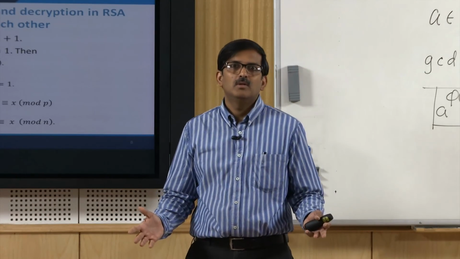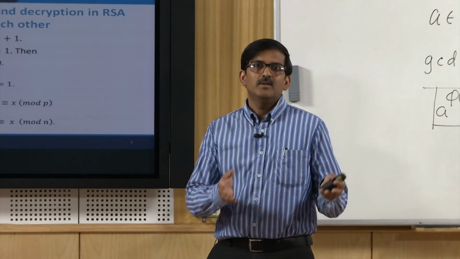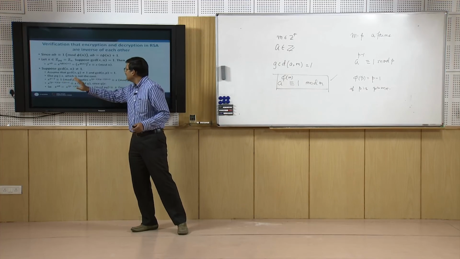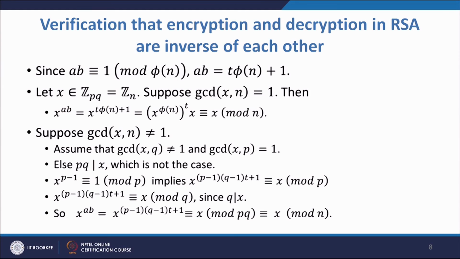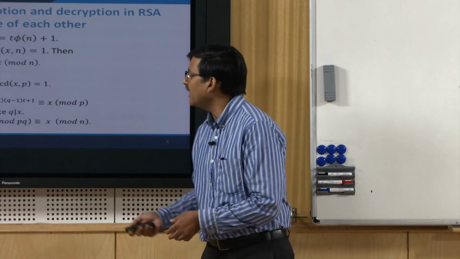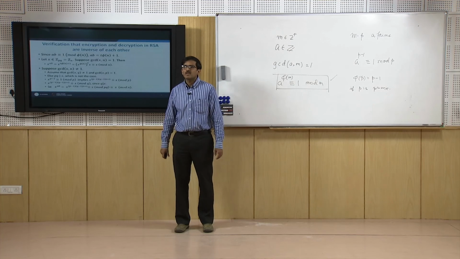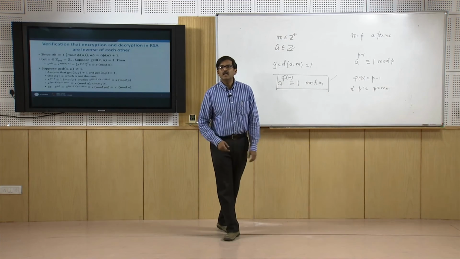And now we have a scenario where p divides something minus x and q divides something minus x, the same thing, and p and q are primes, therefore pq divides that. So, we can ultimately write that x to the power a b, which is equal to x to the power p minus 1 into q minus 1 into t plus 1, is congruent to x mod pq, which is equal to x mod n. So, this verifies the RSA algorithm.